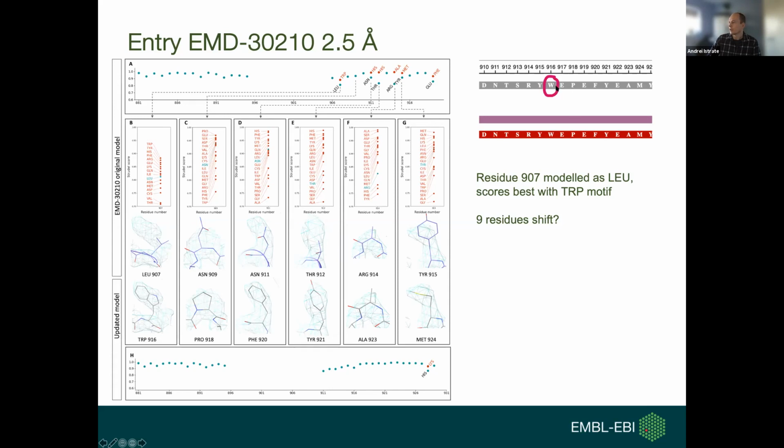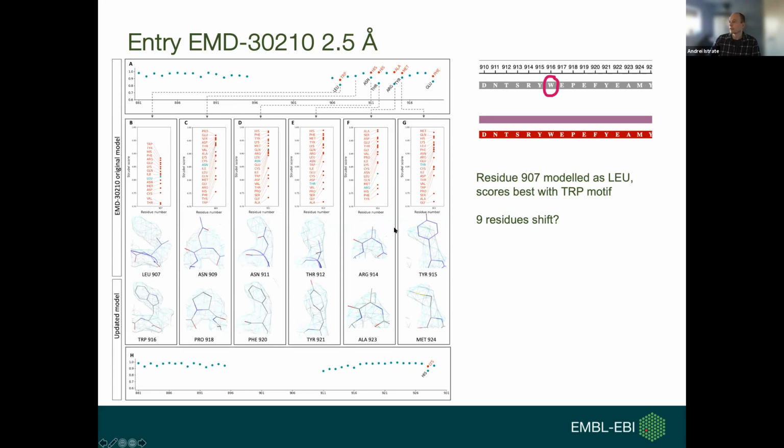If so, by looking at the sequence, you can see the proline, which is another quite prominent residue. So it should be after two residues, right? And it's this one. And when I clicked on it, I could see that proline indeed scores the best here. Not so much difference between the one which was modeled and proline, but still it scores better.